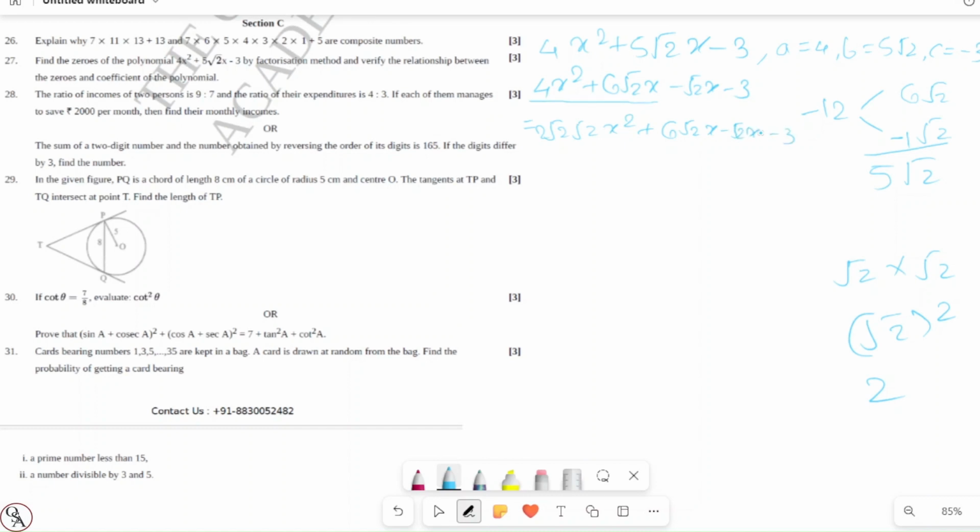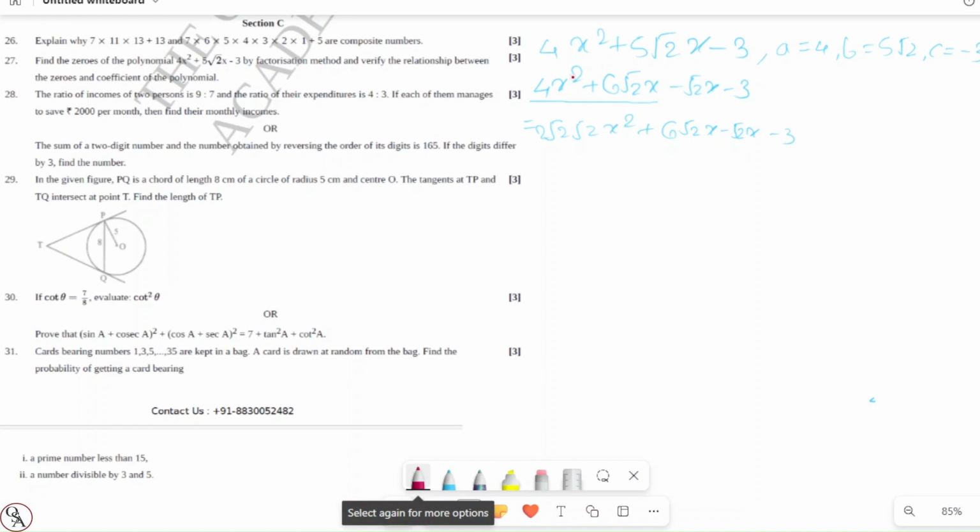See, 2 into root 2 into root 2 is 2 twos, which are 4. I hope you understand this. We will move further.